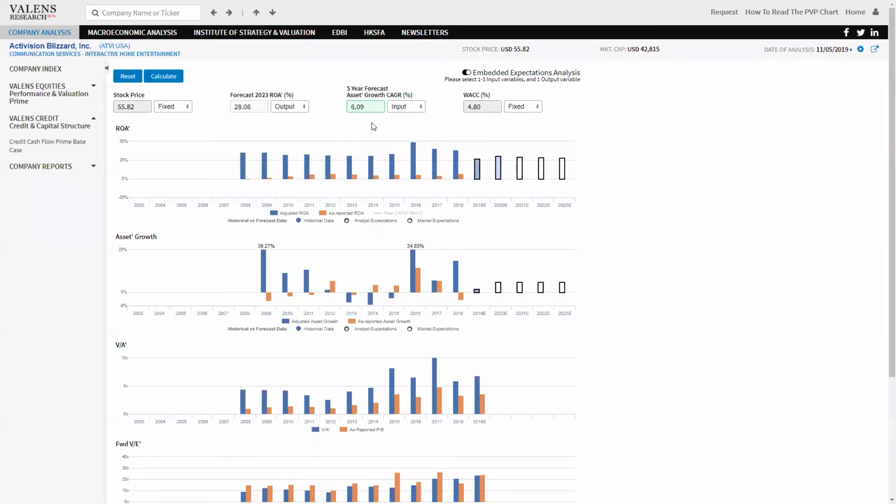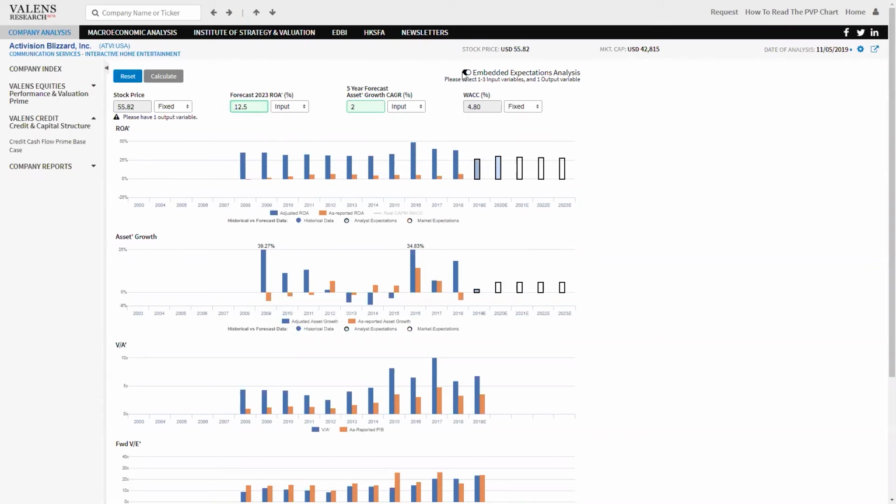So let's say, for instance, that I think that because Fortnite and all of the other opportunities that are out there are totally ruining Activision's business, Activision is going to grow slower than the market's forecasting, and ROAs are going to continue to fade. They faded from basically 50% to 25% in the last 3 years. Let's say that I think that they're going to get cut in half again over the next couple of years.